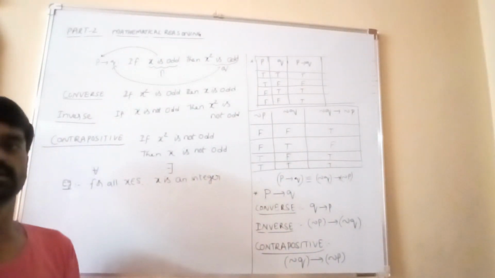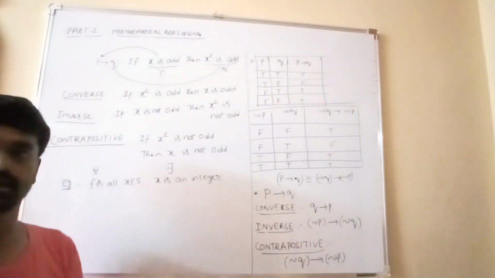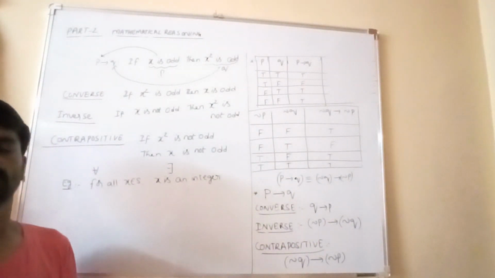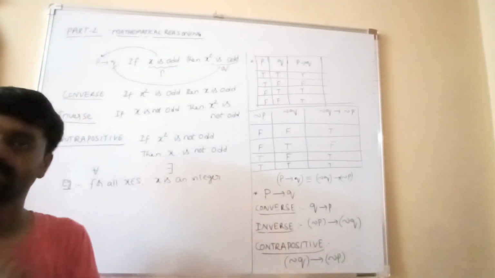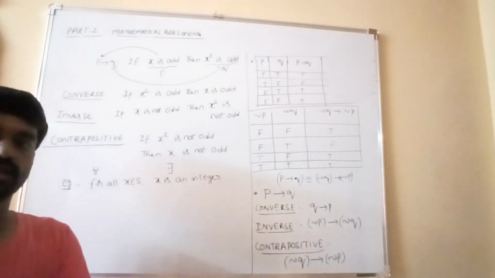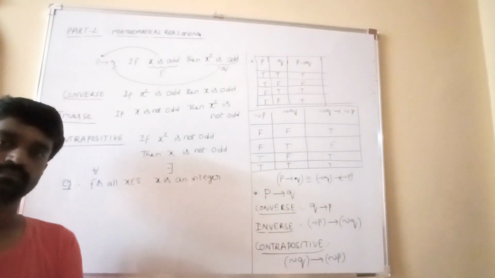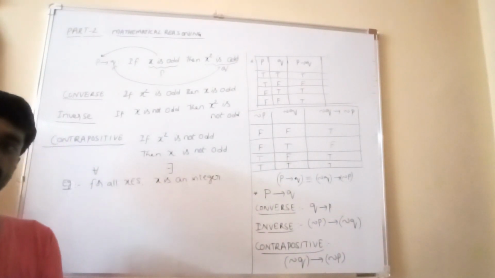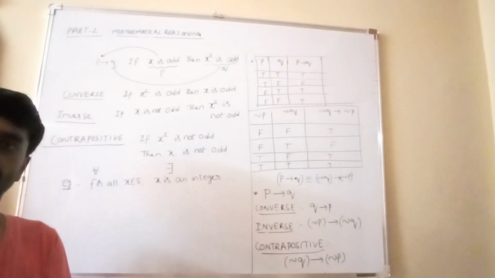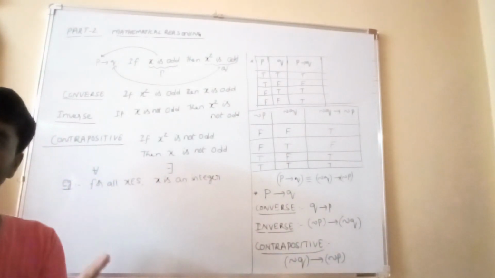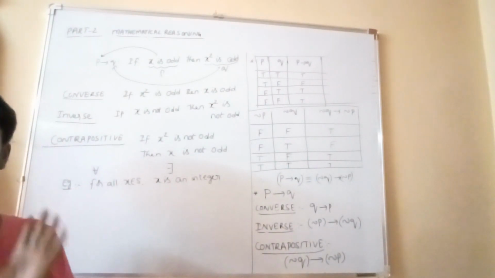You can't say that all are boys in that class. That is clearly wrong. The negation means there is at least one student in that class who is not a girl, that means a boy. What is its negation? There exists at least one student in that class who is not a girl, nothing but a boy.